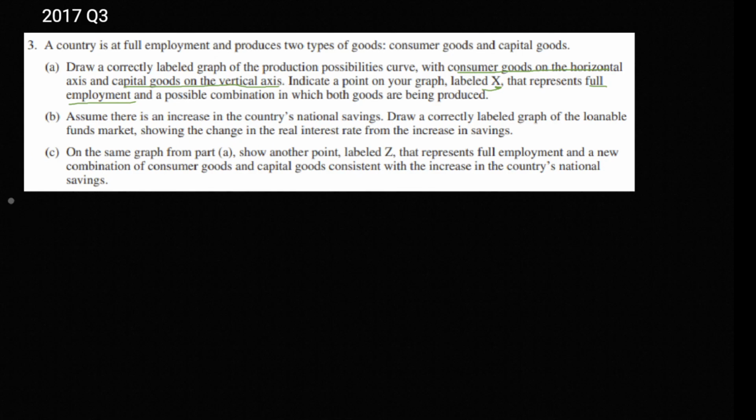So I'll just graph this down here. It doesn't say there's a trade-off, so we're going to assume there are some increasing costs. It doesn't specifically say either, but usually you're going to have some increasing costs.